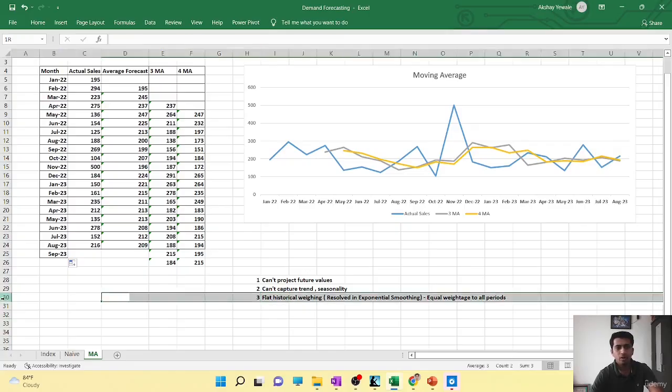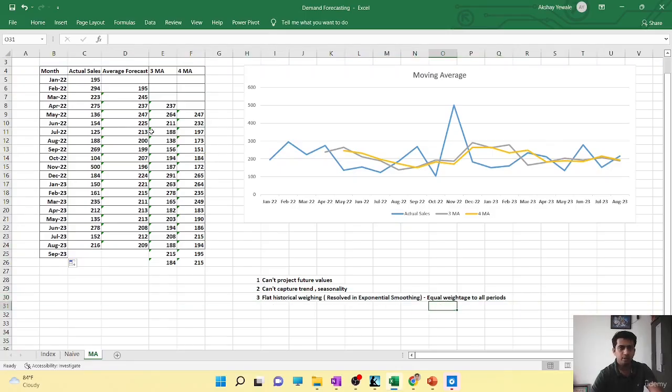Another one of the biggest drawbacks of moving average is that it gives flat historical weighting, which means it gives equal weightage to all the periods. For example, if I am taking 3 months moving average, that is an average of the previous 3 months or previous three periods, and it has given equal weightage to all three of them.